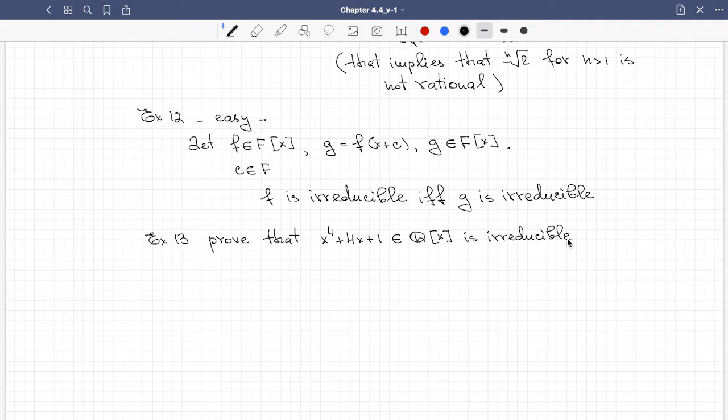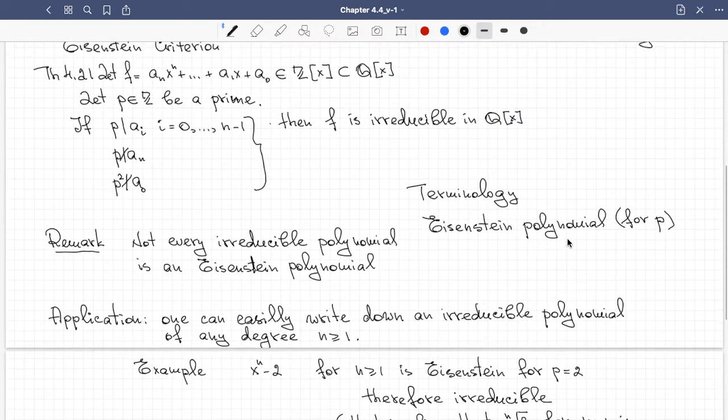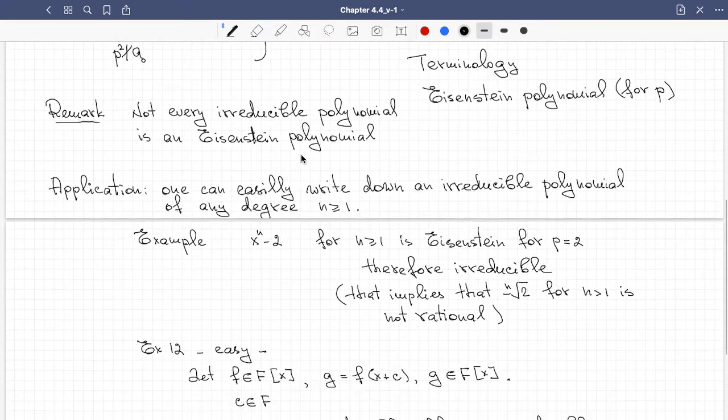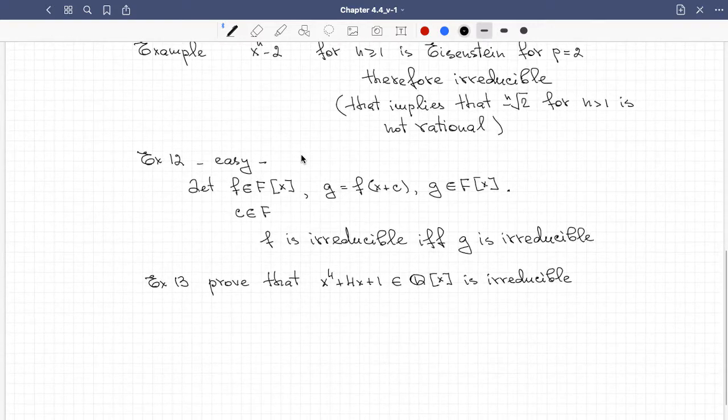If we go back, I gave an example of a reducible polynomial of degree 4, where it is probably difficult to find the factorization after you multiply out. Here is another polynomial of degree 4 where you do not have a factorization into two polynomials of degree 2.